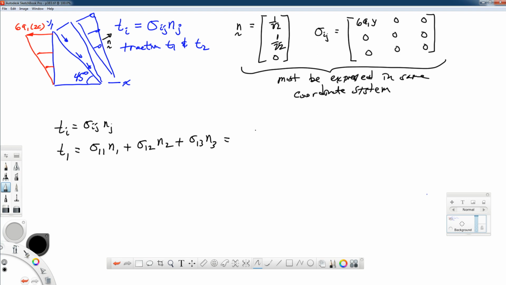What we would get would be 6a1y times 1 over the square root of 2, and the other terms being 0. The t1 would be the same as the traction vector component in the x direction. T2 is equal to 0, and T3 would be equal to 0.